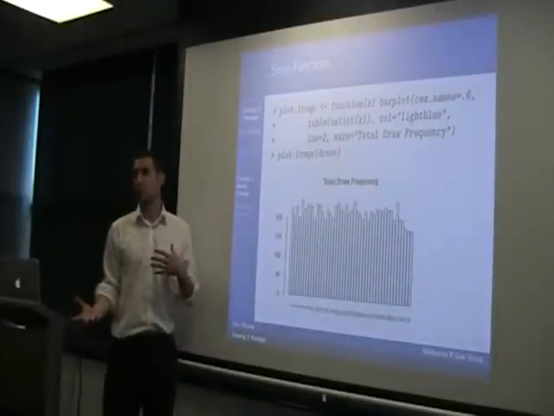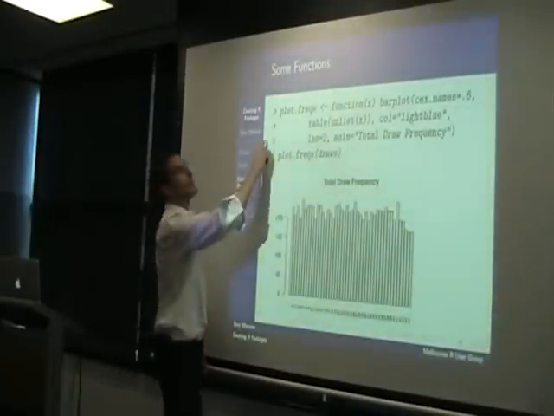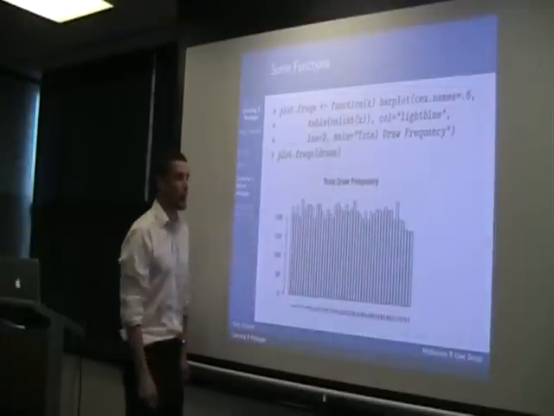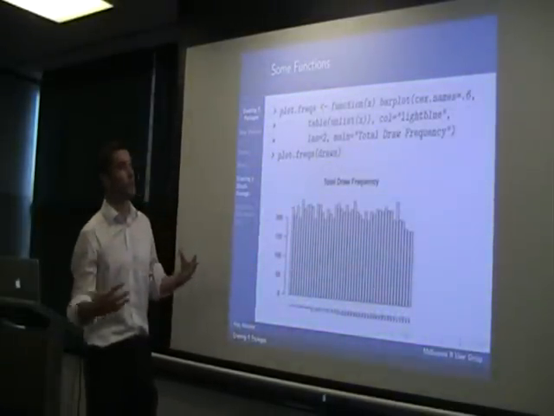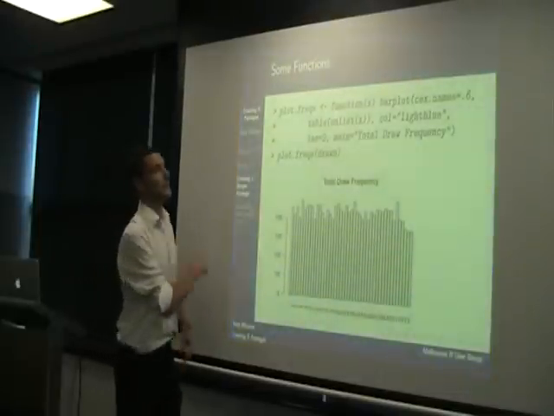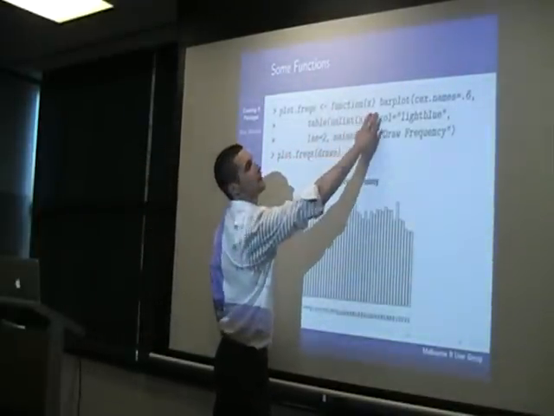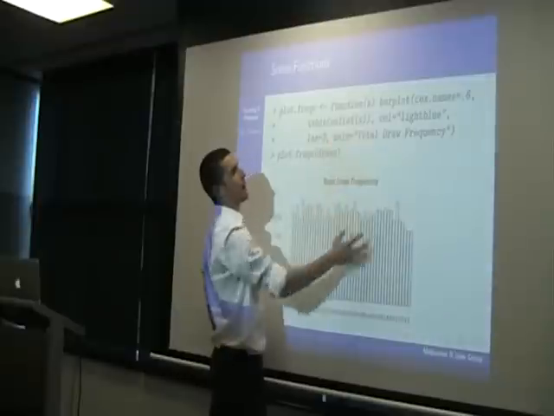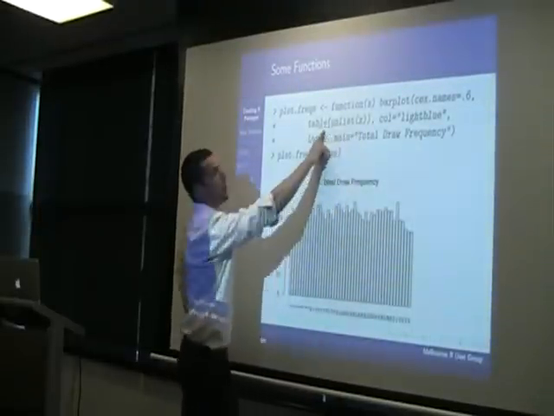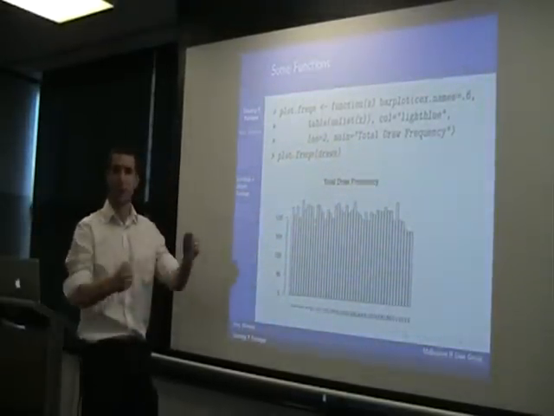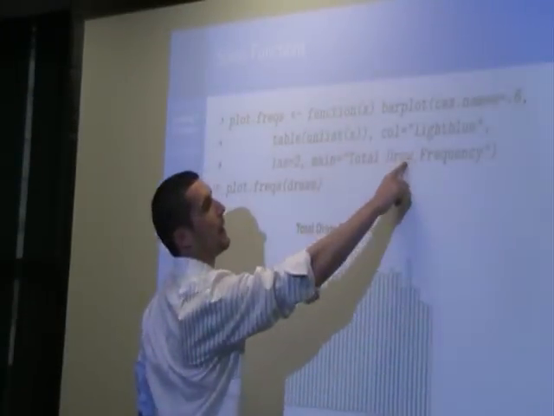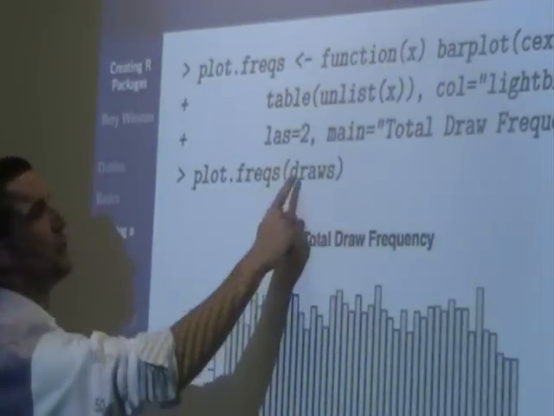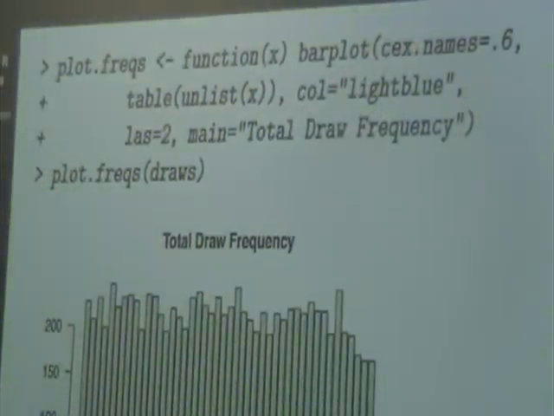And now I want to create a dummy function to put in the package. So I'm going to create a function that just does a bar plot of the number of frequencies for the total of the draws. And this is a really simple function that just says, when I get in this object X, do a bar plot, unlist the object, which basically means take all the objects, rows and columns, and unlist them into a single long vector, and just set some colors and change the orientation of the labels, and just produce a graph.